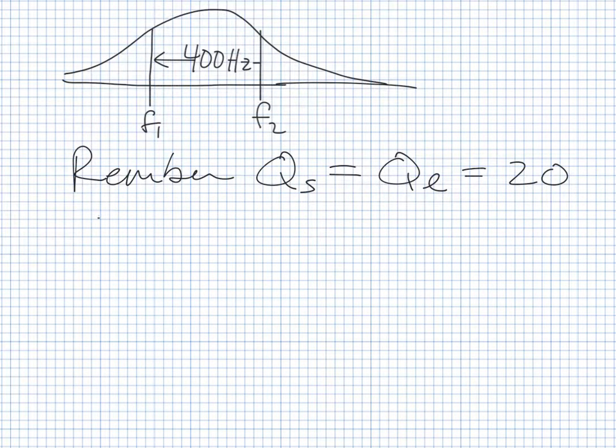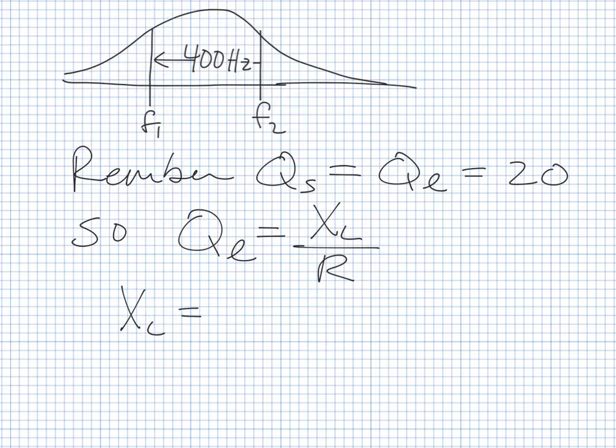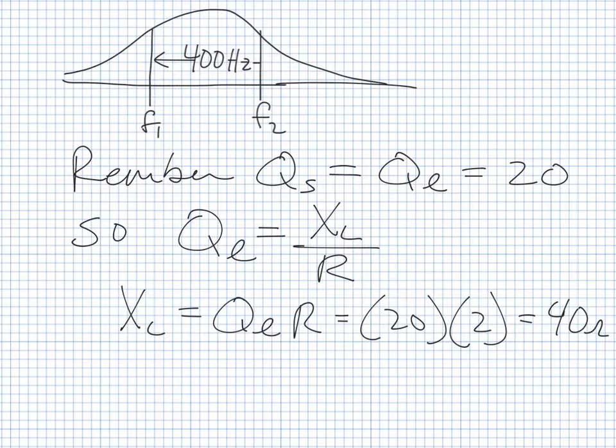So knowing that, we can say QL equals the reactance of the inductance over R. So we can solve for the reactance of the inductance, and that will be the Q of the inductor multiplied by the resistance, which is 20 multiplied by 2 ohms. So we have 40 ohms for the reactance.